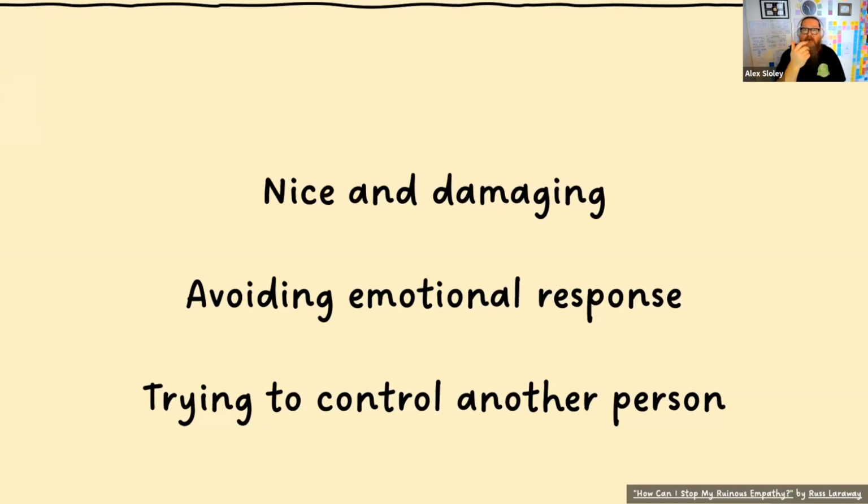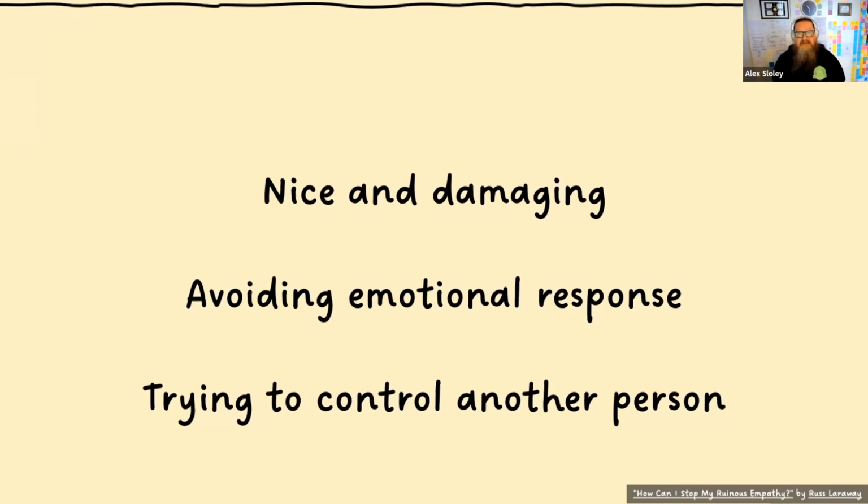When you're trapped in ruinous empathy, it's because you're avoiding an emotional response, but it's not your own personal emotional response. You're avoiding their emotional response, right? Because you know, if you tell them the objective truth, they're not going to react well. So you're like, oh, I'm not going to deal with that, right?